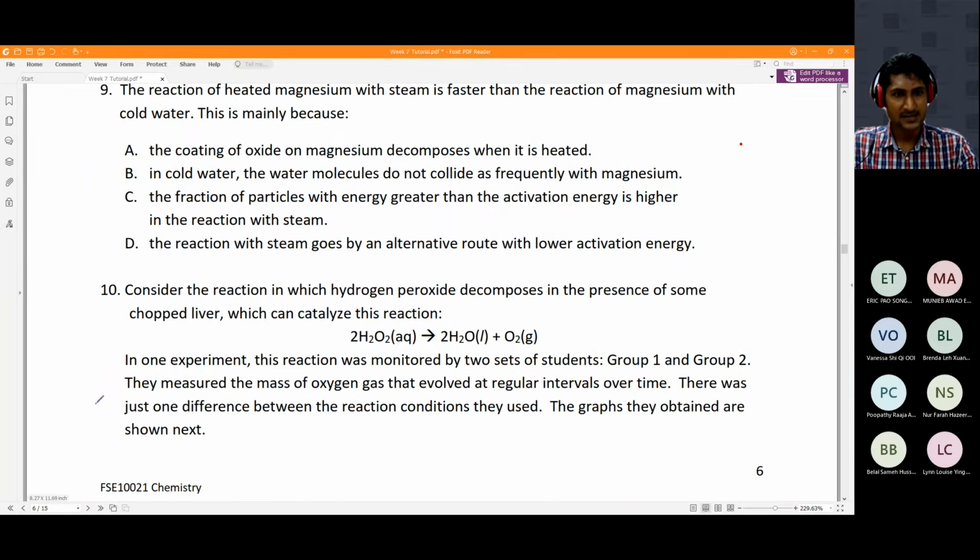Okay, so question number 10 says consider the reaction in which hydrogen peroxide decomposes in the presence of some chopped liver, which can catalyze this reaction.